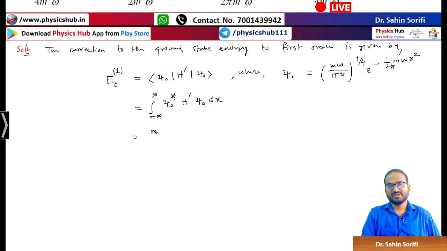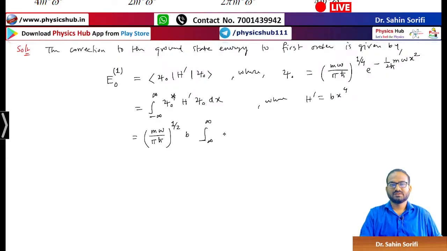So (m omega by pi h cut) to the power 1 by 4 becomes, after squaring, power 1 by 2, and H prime is equal to bx to the power 4, this is given to you. This b is a constant, it will come outside the integral. What are you left with?